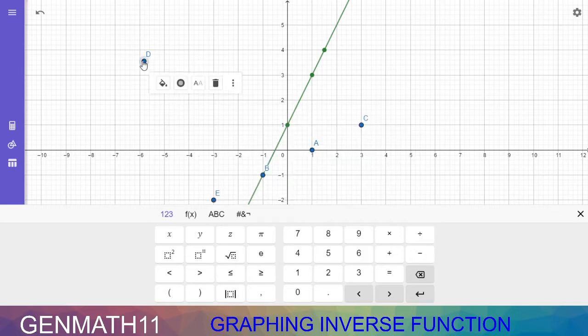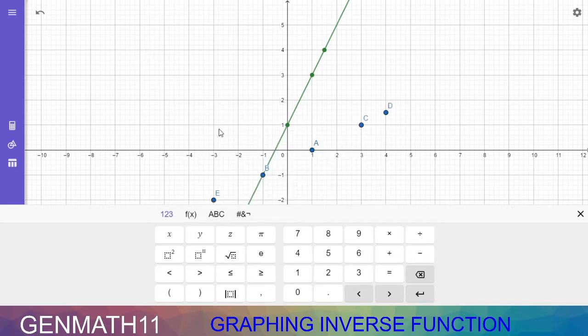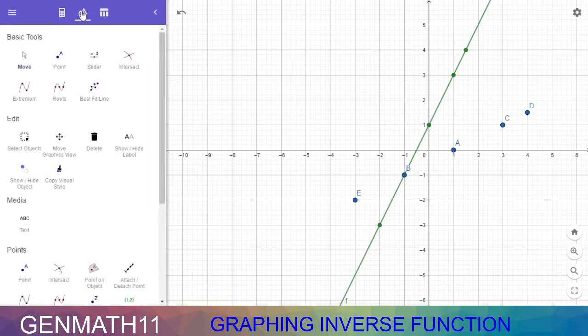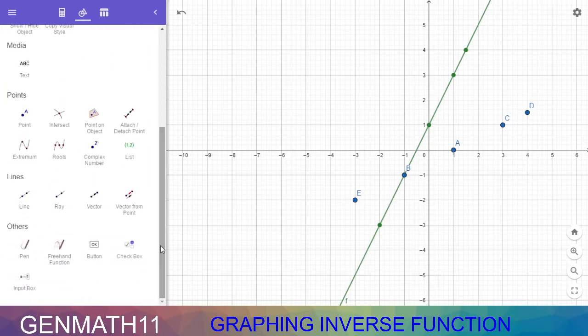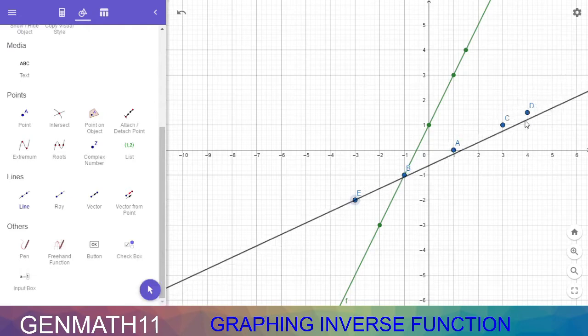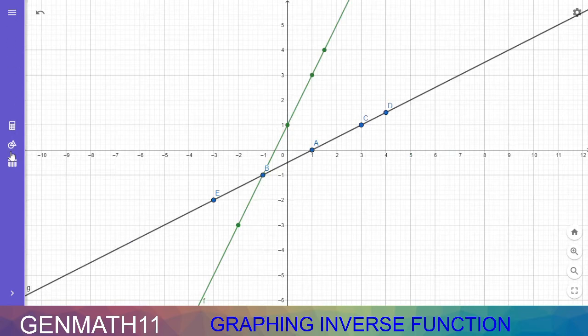And the last is 4 and 1.5. Okay. So, pwede natin tayo gumawa dito ng line. Yan. Then, itutok lang natin siya dito. Yan. So, nakapag-create na tayo ng graph.